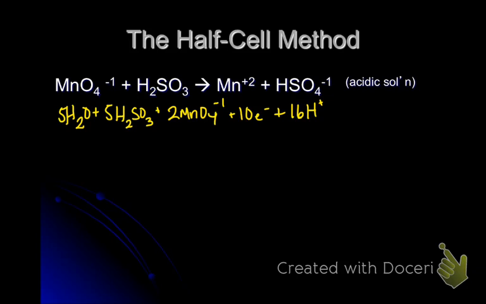No? Okay. So we'll do the same thing for the products. Okay, let's do the top first. Distribute that 5 through. Tell me what you get for your products. Top reaction. 5 HSO4 minus 1. Okay. 10 electrons. And 6 H pluses.